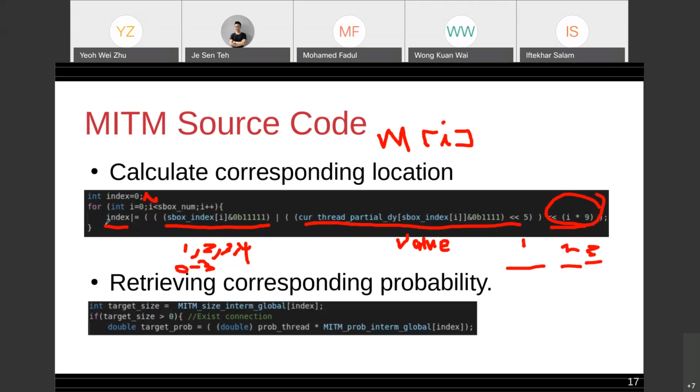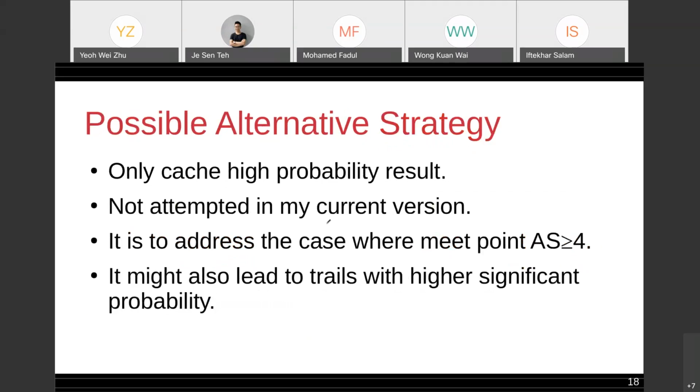After you obtain the index, the indexing is straightforward. Like how you index an array, you put in the index and retrieve a value or store the value that you want. That is how MITM in the version that I have works. Of course, this is not perfect. If you remember correctly, our S-boxes have to be smaller than or equal to 3, right?